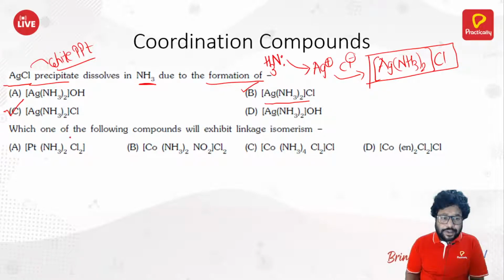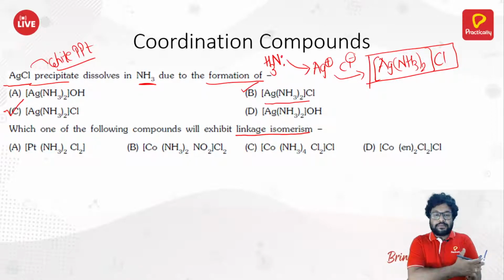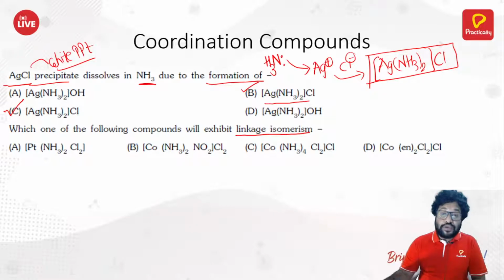Next question. Which one of the following compounds will exhibit linkage isomerism? See, there have been so many questions asked on linkage isomerism, especially in the NEET exam. How can you predict or judge linkage isomerism?